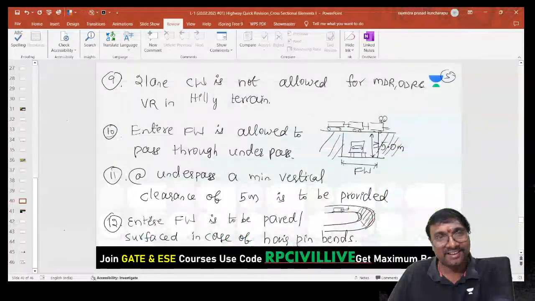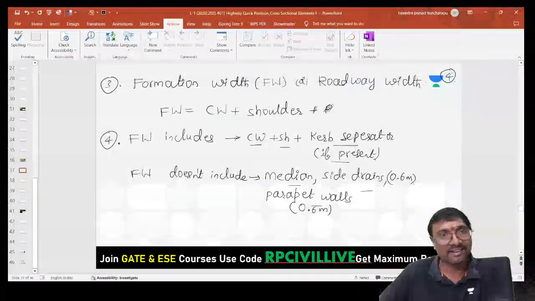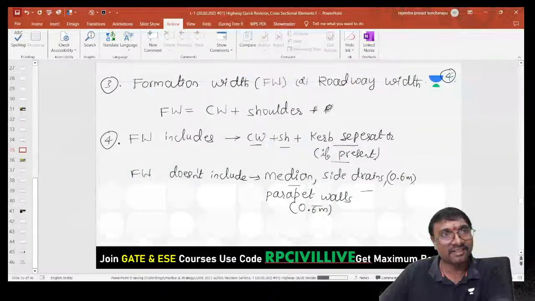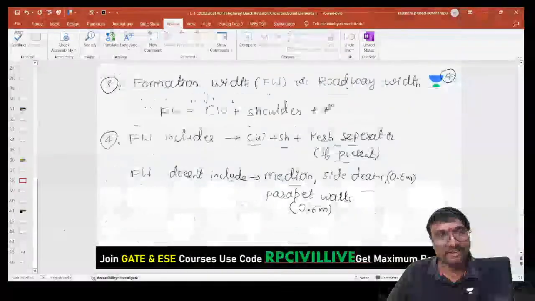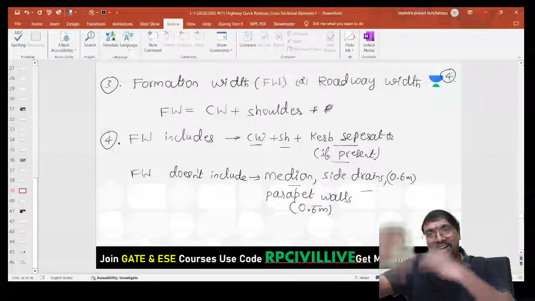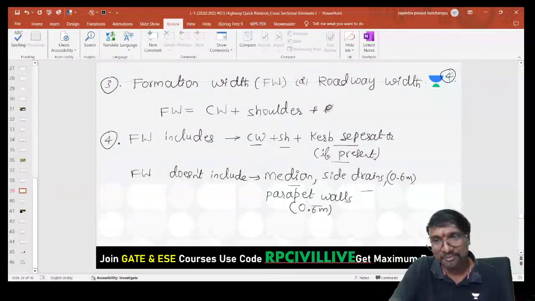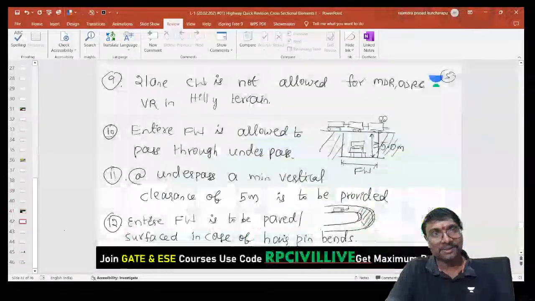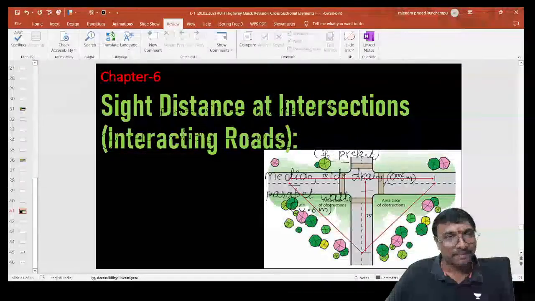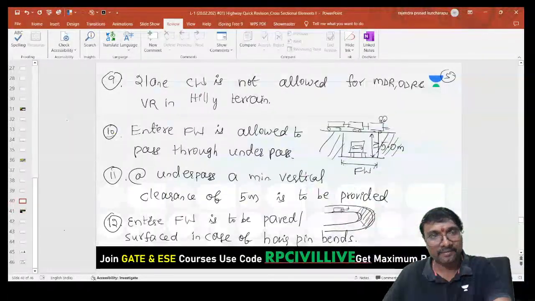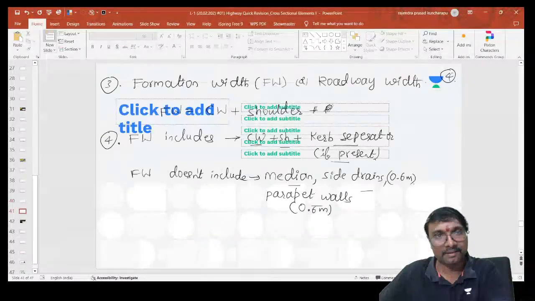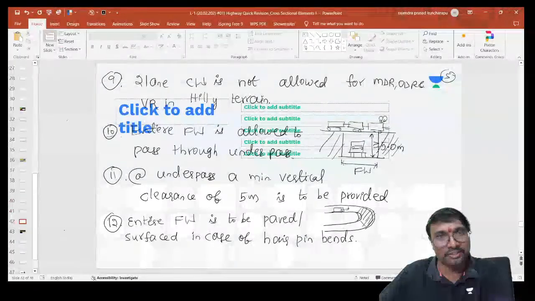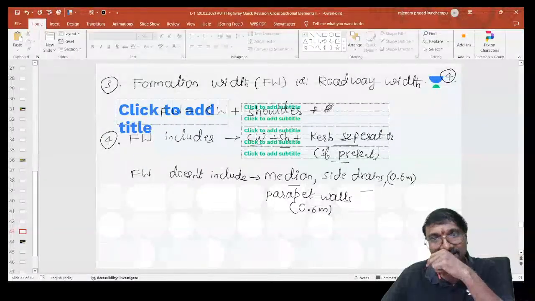Even when I move back and forward, it is the same slide. One second. I'm clicking the new slide and again only that is coming up. What will I do?